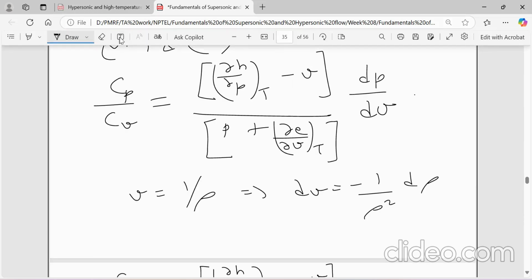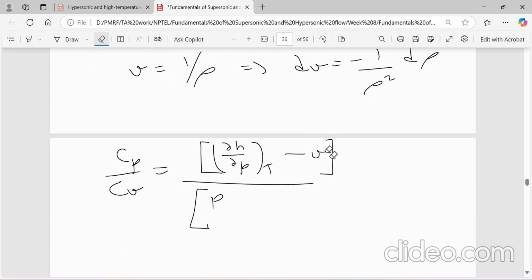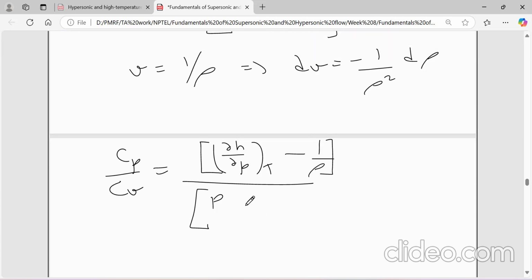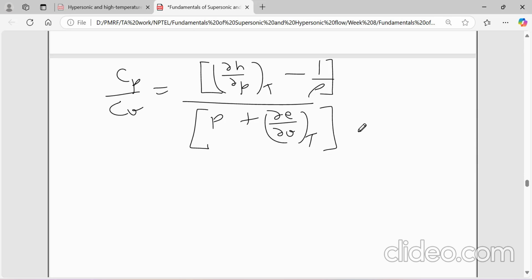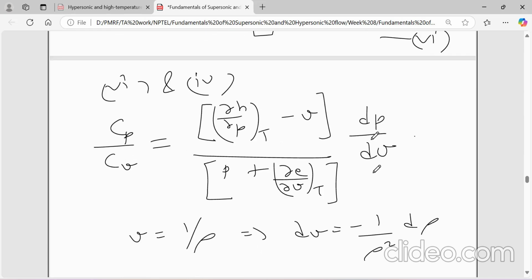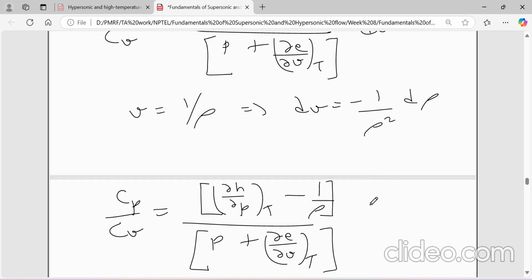This V also I will write as 1 by rho. And this derivative will become minus rho squared dP upon d rho.